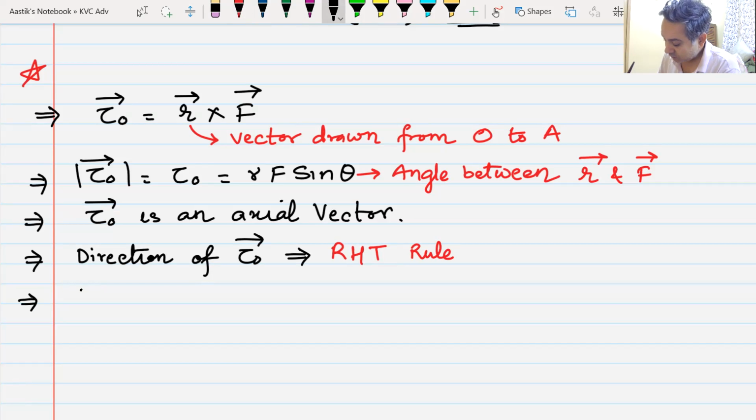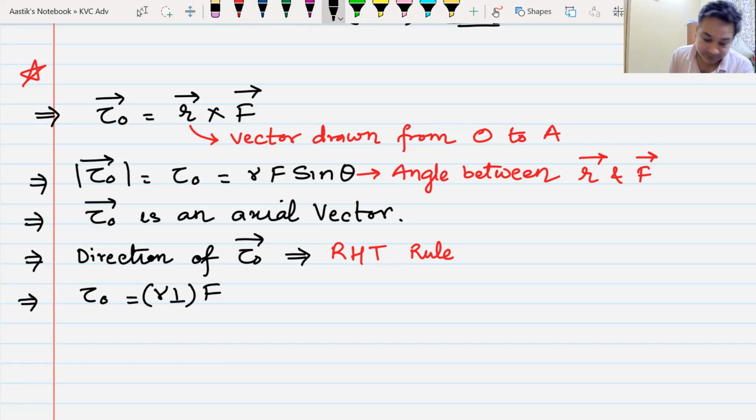Great. You can write the magnitude of tau naught as R perpendicular multiplied by F. Do we remember this form? Yes, sir. Where R perpendicular is known as the lever arm or the force arm or the perpendicular distance between O and the point on the line of action of force.